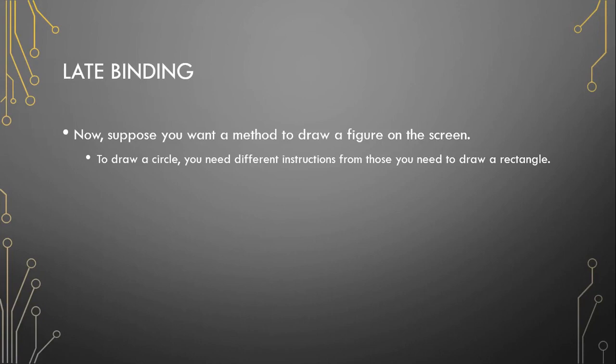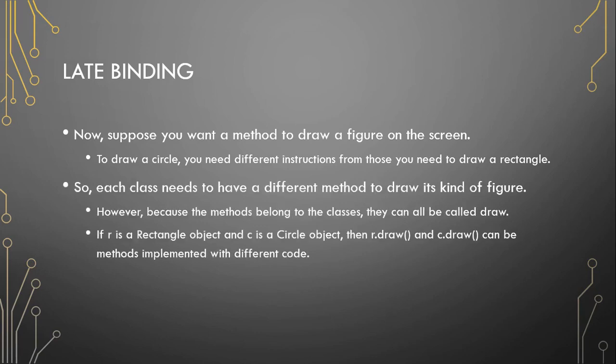Now, suppose you want to have a method that will draw a figure on the screen. To draw a circle, you need different instructions from those for drawing a rectangle. For a circle, you pretty much just need the center point and the radius, with every point equidistant from the center. A rectangle is a little bit different. So each class needs to have a different method to draw its kind of figure.